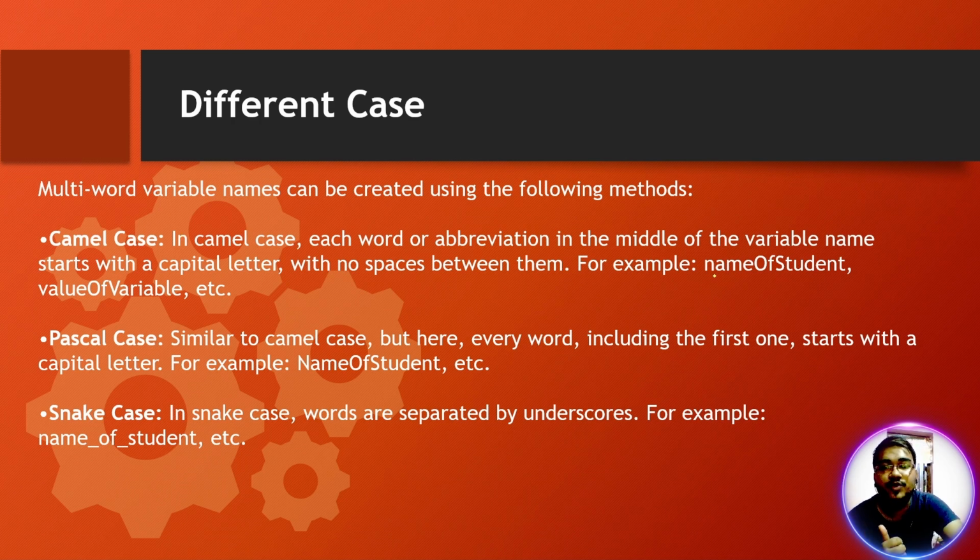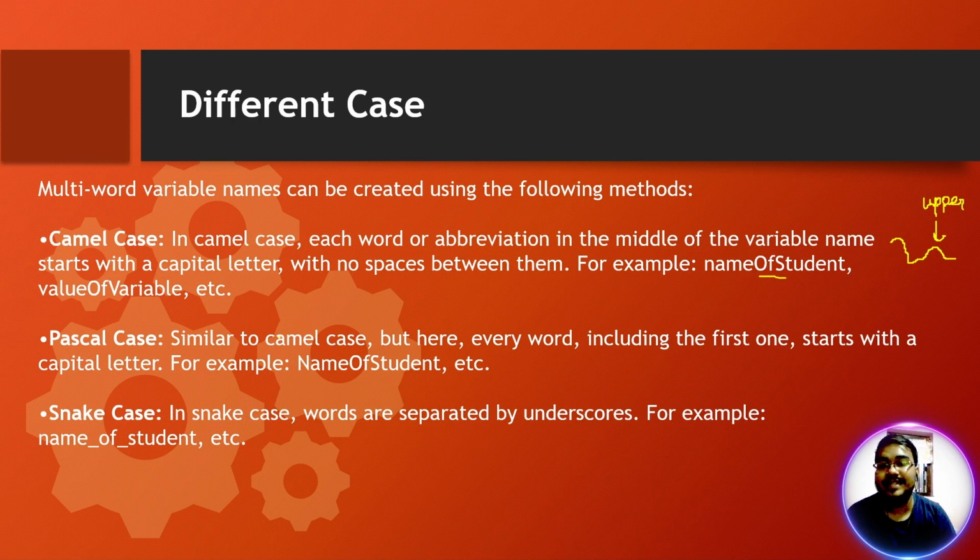Suppose nameOfStudent: the O is capital in the middle, and S is capital in the middle. This is camel case. Think of the shape of a camel, with the head coming down and then a peak like this. So in the middle you have uppercase. This is a bit of a joke, but the concept is like this.